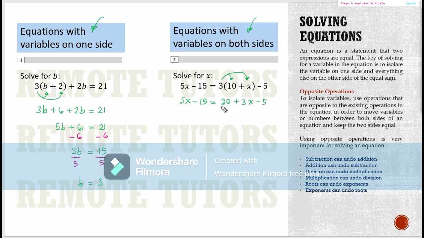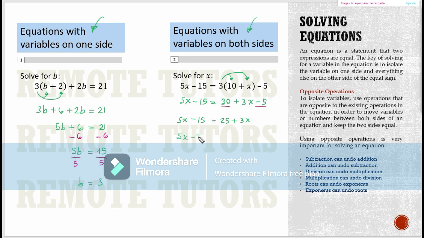Next, we will combine like terms. 30 minus 5 gives 25. So 25 plus 3x equals 5x minus 15. Now what comes next is to put together all the x terms on one side and all the numbers on the other side.